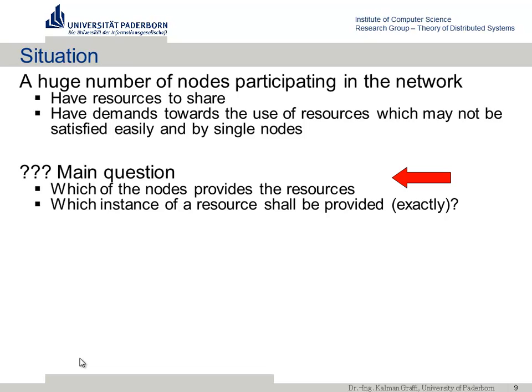The main question to solve was which of the nodes provides the resources, how do we find these nodes, and if we have several providers, which one should we pick? And this is basically solved with peer-to-peer networks.